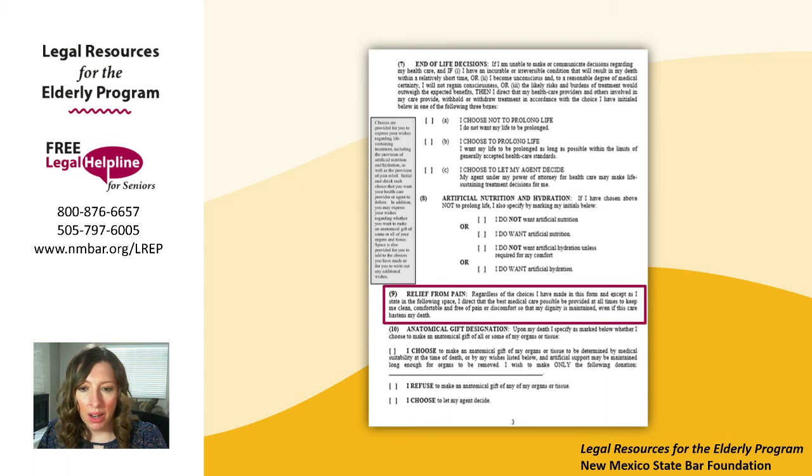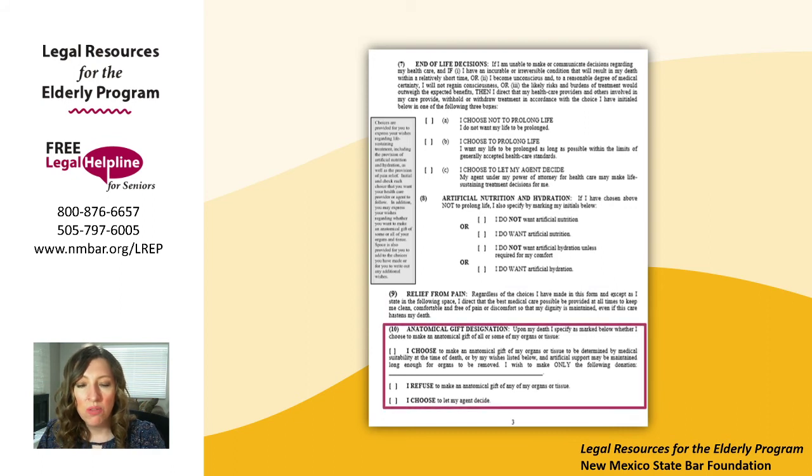In section 9, you will see that your agent has an obligation to keep you free from pain. And finally, in section 10, you will see that you can make a designation in regards to organ donation, so you can choose to donate your organs or refuse. So let's take a closer look at these sections.